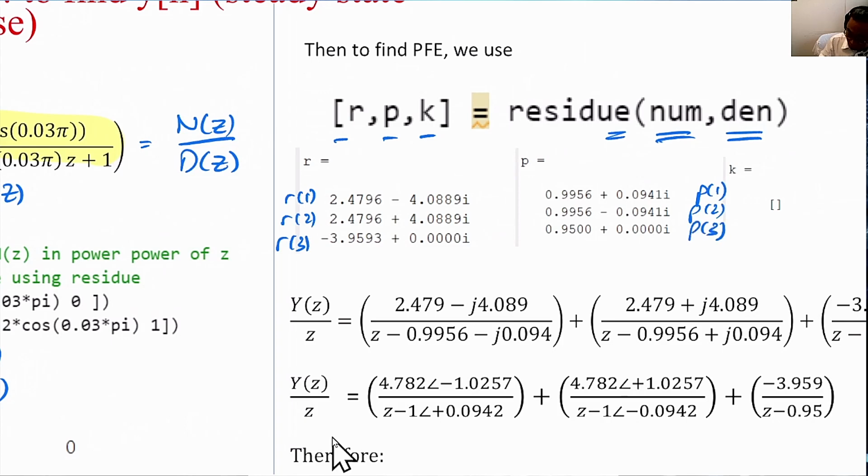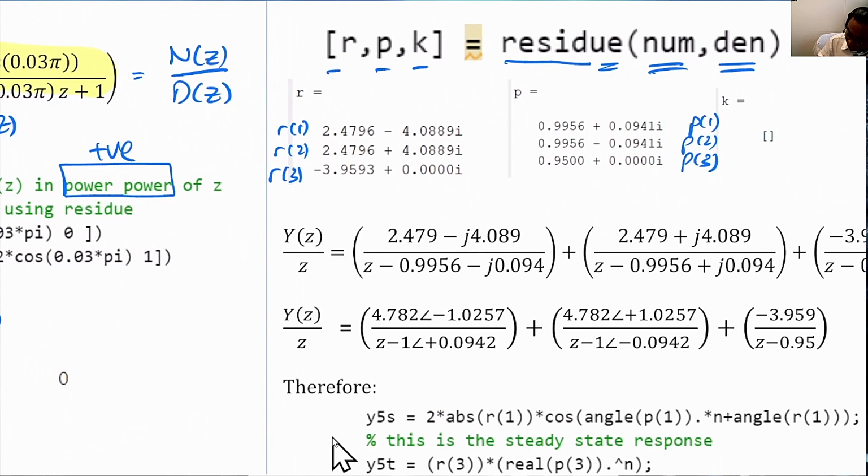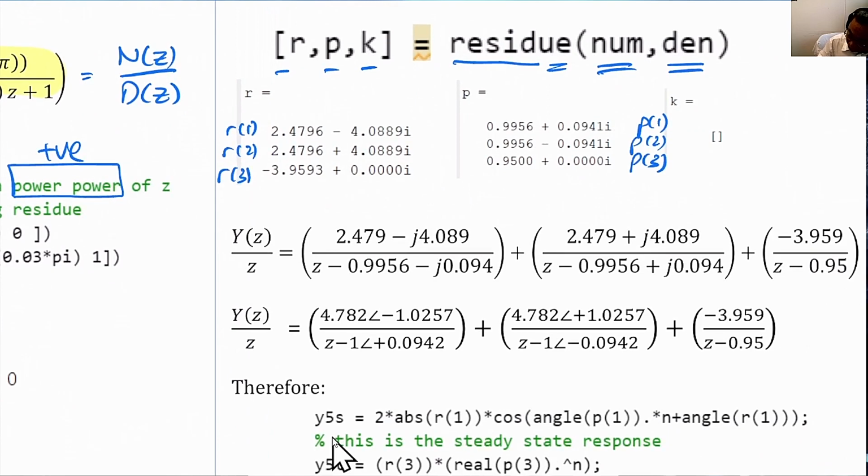You must remember that I'm using positive powers of z, and that is why I'm using residue.